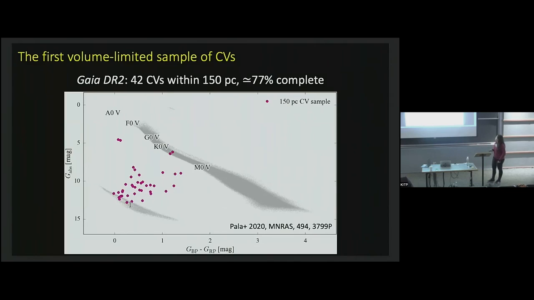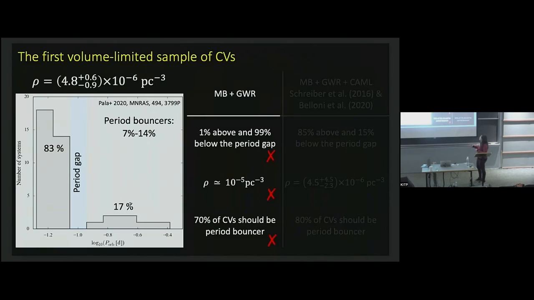HR diagram. So we have a volume-limited sample, and we can have a look at the properties of the population. We measured the space density and had a look at the period distribution. As you already heard, we found a space density of 4.8 systems per cubic parsec.